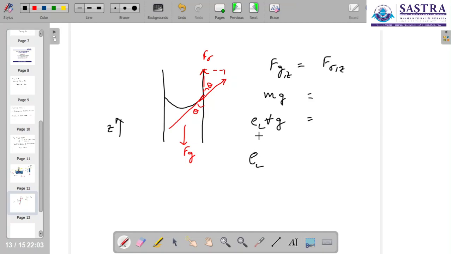The volume can be written as the cross-sectional area times the height of the liquid in the column, and the cross-sectional area is pi by 4 d squared, where d is the diameter of the capillary column, and remember this is the height.